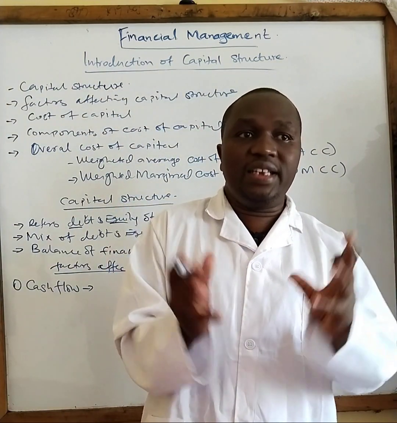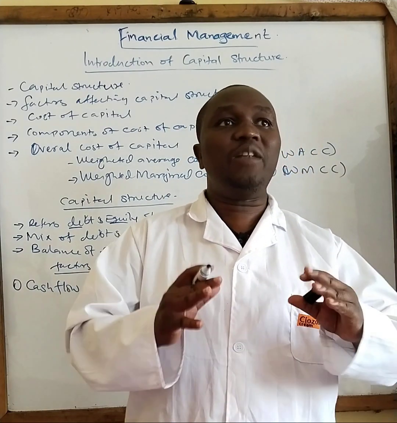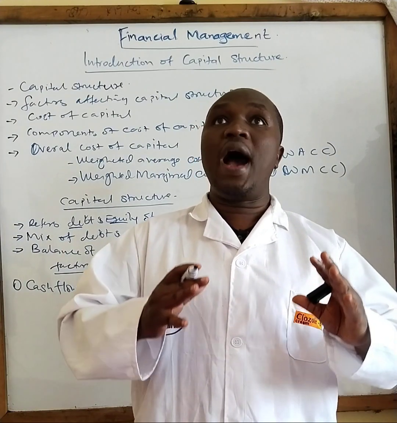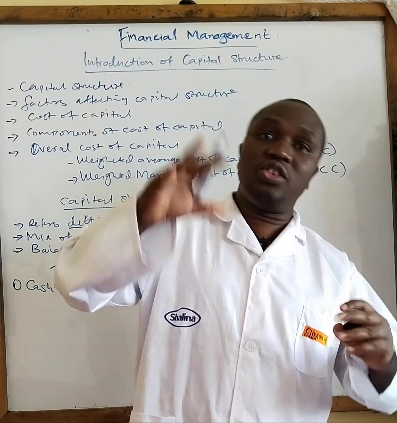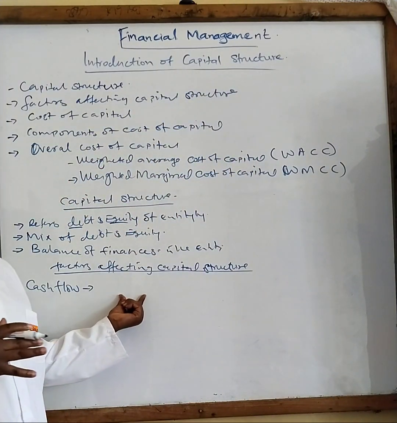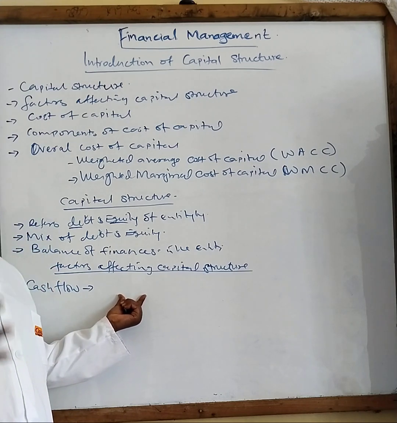If it is, then we say that particular entity is sober enough and it is able to add more capital into the organization. For that matter, the organization is able to go for debt because we have some money left behind that can be used to repay the loan.